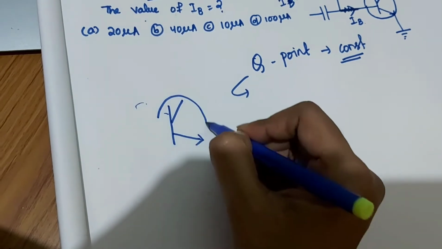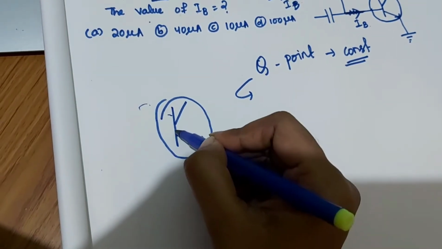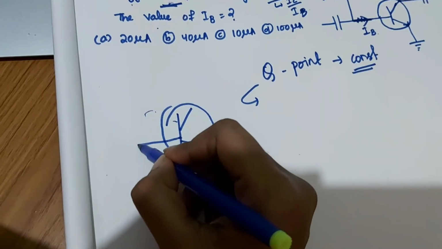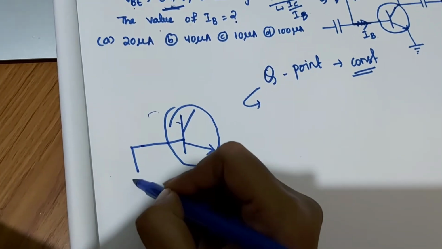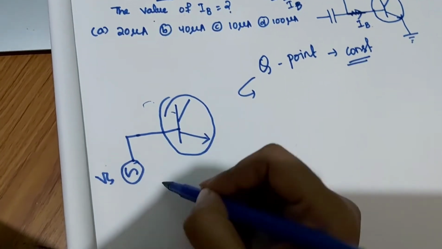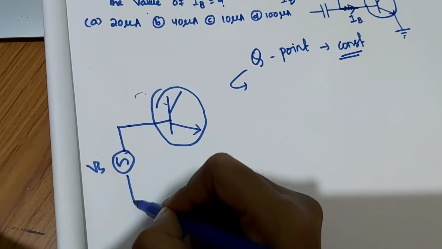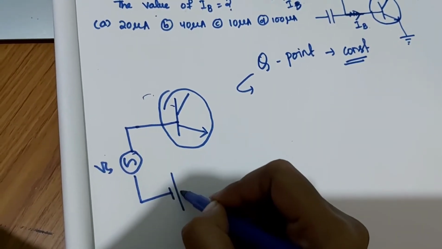We have the base, where we use the source VBB.